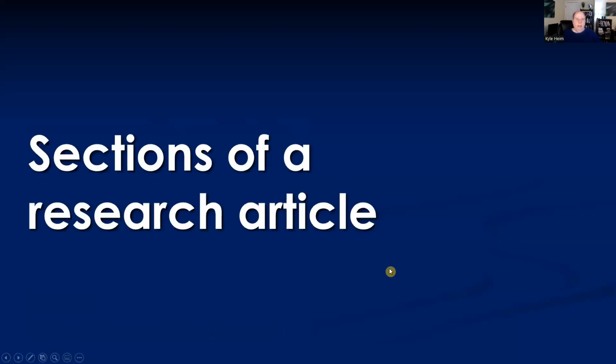So let's talk about the different sections of a research article. And for some of these sections, I may refer you to one of the articles that I wrote, a research study that I did a couple of years ago, focusing on how journalists use Twitter as a source in their reporting, whether it contributes to source diversity.